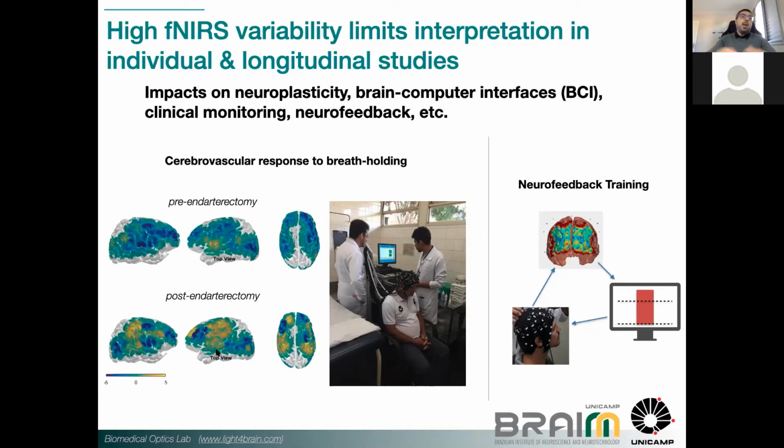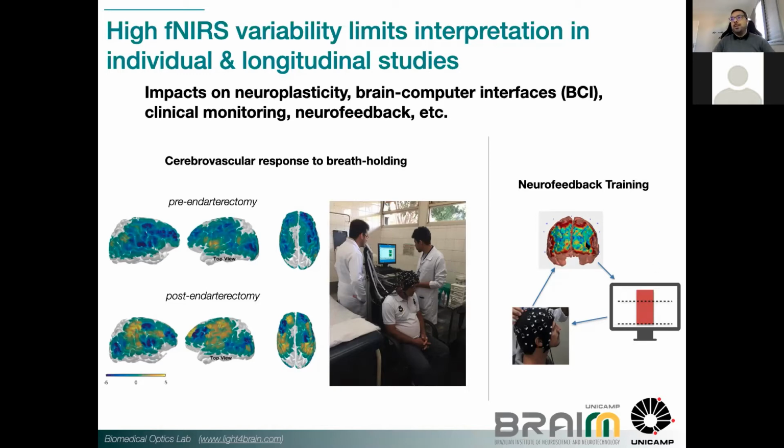And there are a lot of different experimental protocols where you are interested in comparing changes over time, and you are interested in looking at the individual basis and not at a group. You're not interested in comparing groups. So another study that has become very popular in the fNIRS community is neurofeedback training, right? So you use the brain signal as feedback and therefore modulate brain function.